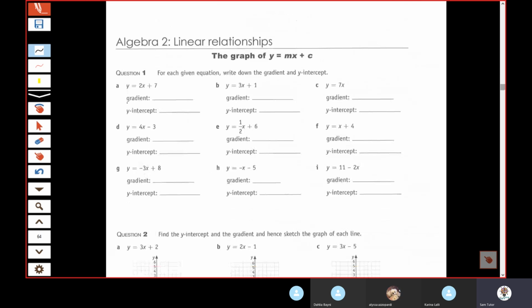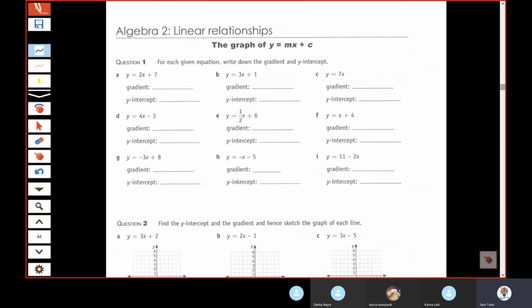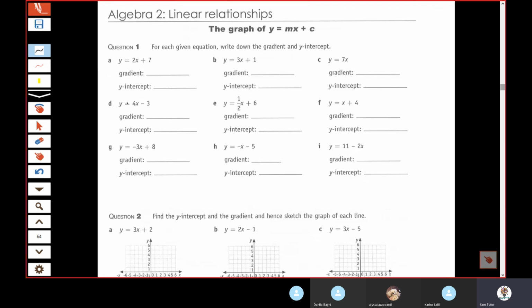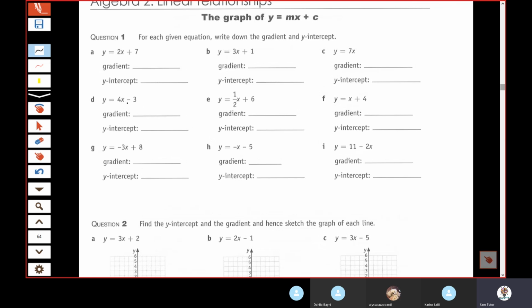Okay, so then we get these. The y equals mx plus b, or plus c. It doesn't really matter what letter you choose. What you've got to remember is m is your gradient. And the number that's by itself is the y-intercept.